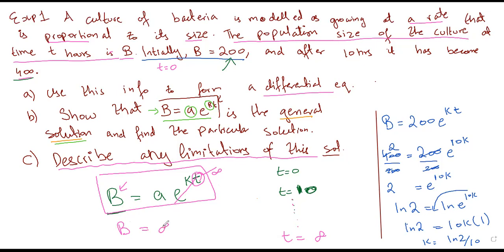Now we do not have any defined value, any certain value. So this solution is not defined for such big t's. This is what they asked us: describe any limitations of this solution. When t becomes large, the size of the culture will become very large, and the model will no longer be valid. We would not be able to find out a certain value of b, right?